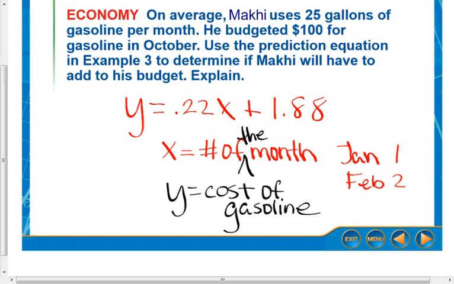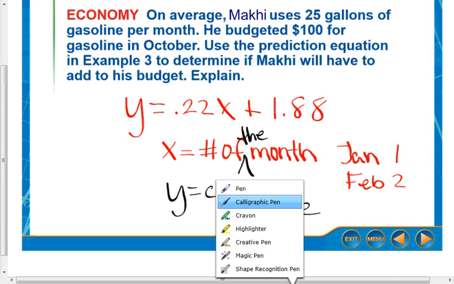So we have 25 gallons of gasoline per month. Great. He budgeted $100 in October. Use the prediction equation from example 3 to determine if Mackay will have to add to his budget. So, do we have x or y here?